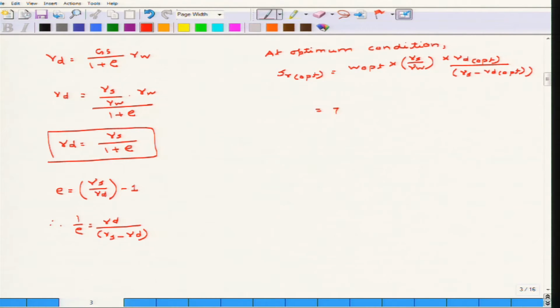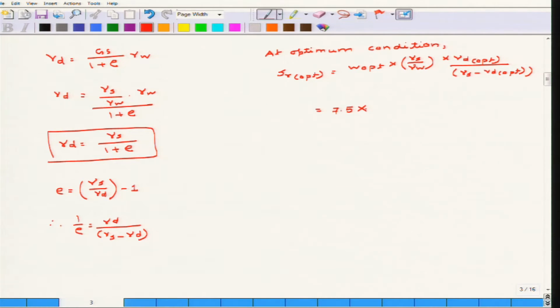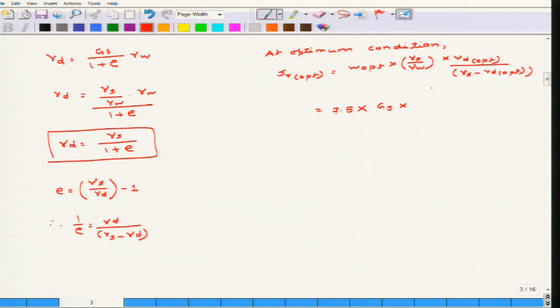Now if you put all the values, W optimum is 7.5% into gamma S by gamma W, which is nothing but the specific gravity of soil solids, into gamma D optimum, which we have found to be 2.09, divided by 2.65 minus 2.09.